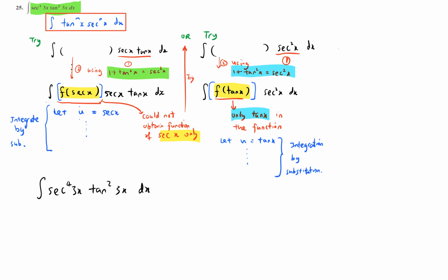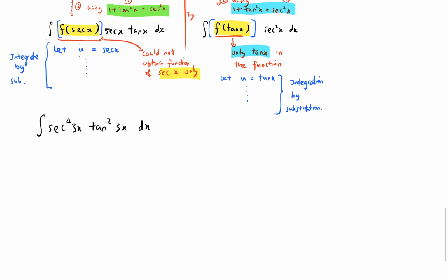So first we try. These are side workings; you may or may not need to show them. You bracket up this one and put secant x tangent x, right? So first you try this. This is really secant cube x.